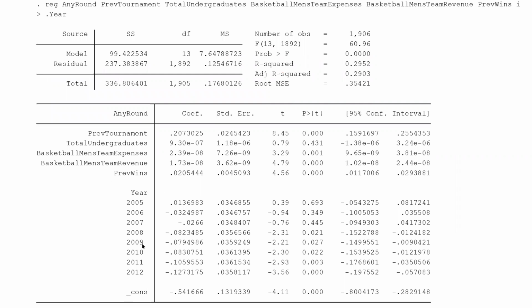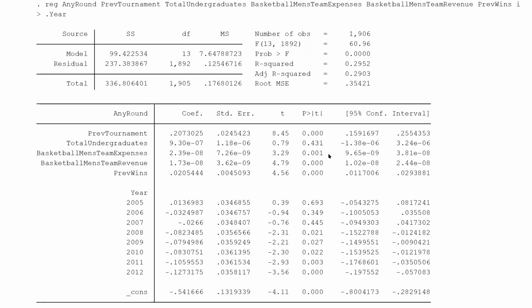And now my regression output looks something like this, right? I've got all these other controls, and I can look at the effect of basketball expenditures. Now, this has fallen quite a bit. Before it was 7 point something, move that decimal point 8 places to the left. Now it's only 2.3. So it's fallen quite a bit in size.